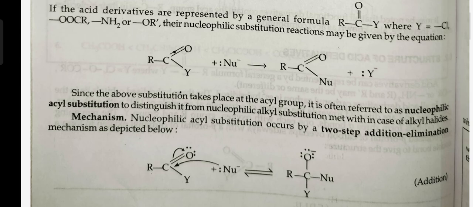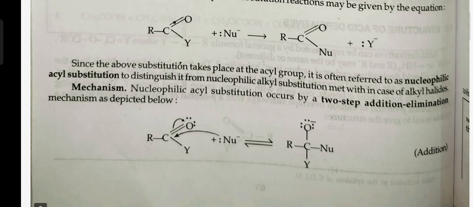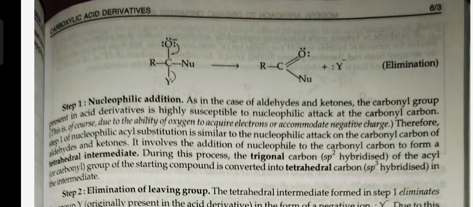Mechanism. Nucleophilic acyl substitution occurs by a two-step addition-elimination mechanism as depicted below. Step 1, nucleophilic addition. As in the case of aldehydes and ketones, the carbonyl group present in acid derivatives is highly susceptible to nucleophilic attack at the carbonyl carbon. This is of course due to the ability of oxygen to acquire electrons or accommodate negative charge.